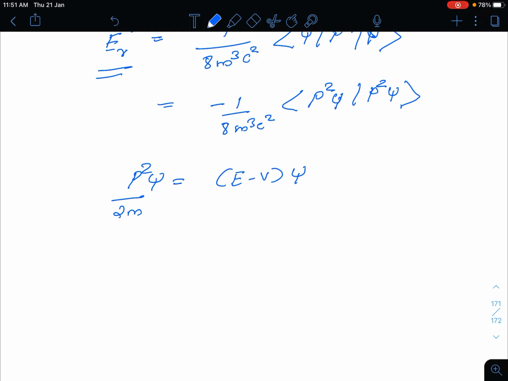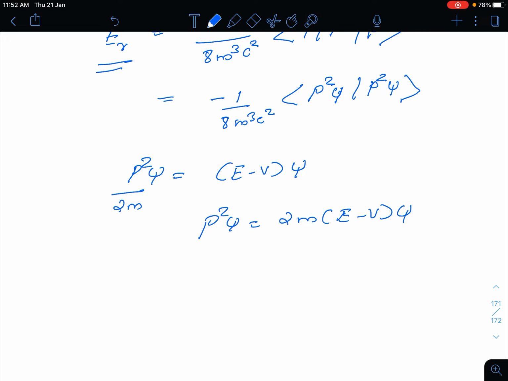So p square psi is equal to 2m into E minus V psi. That's very simple. So put that back into this equation.